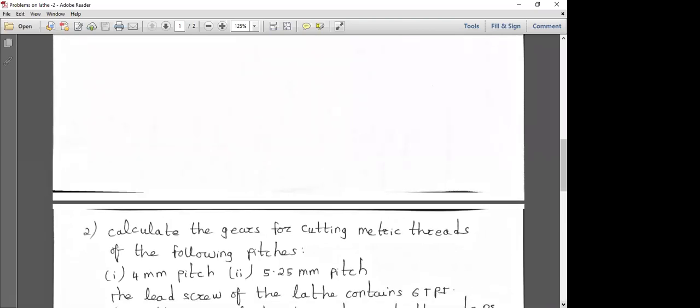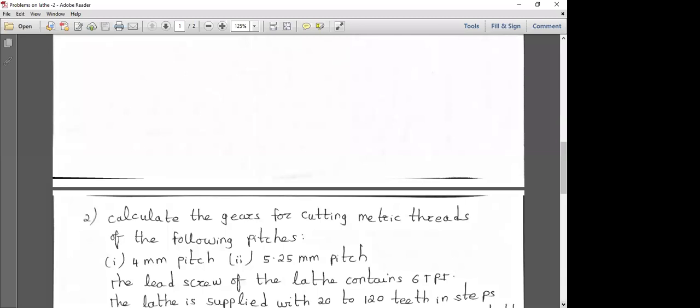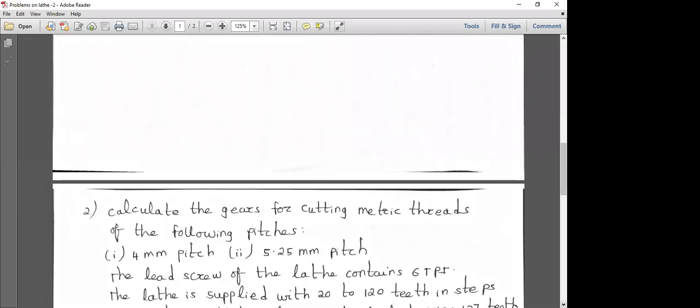In the given problem, he is testing your knowledge on the lead screw of a lathe. The lead screw of a lathe contains 6 threads per inch.